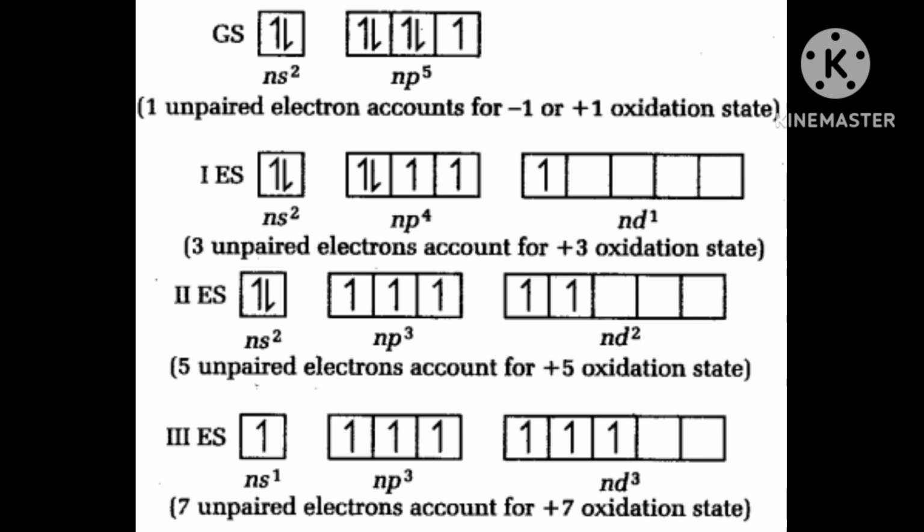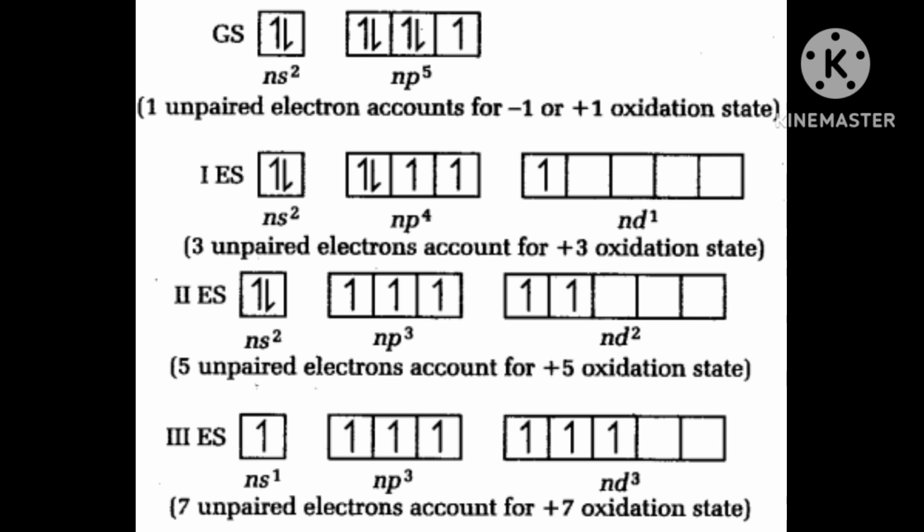Now you can see the third excited state. Here, ns had 2 electrons. It will require too much energy to excite. Generally ns will not excite, but here the ns electrons are also going to be excited.